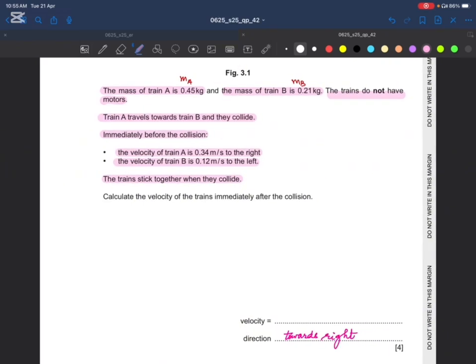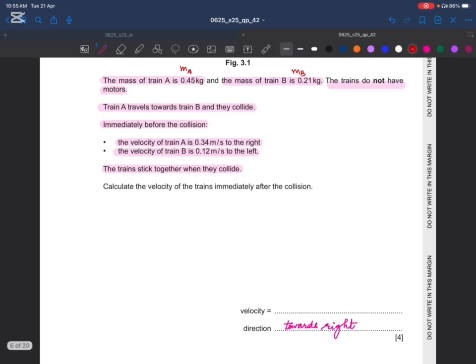It means that after collision, their velocities will be the same because now they will move like a single body. Calculate the velocity of the trains immediately after the collision. So what will you write? Simply you will say that we are going to apply the law of conservation of momentum.